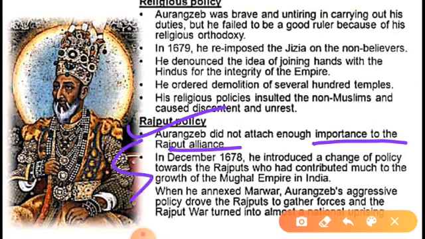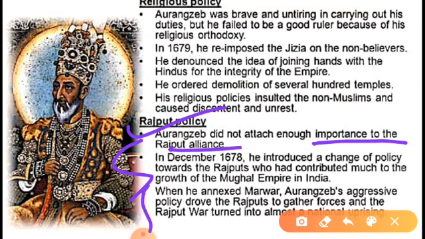We already know that the Rajputs were the main obstruction to the Mughal rulers, and that obstruction was fully removed with the help of Akbar, because he made a friendly relationship with the Rajput rulers.